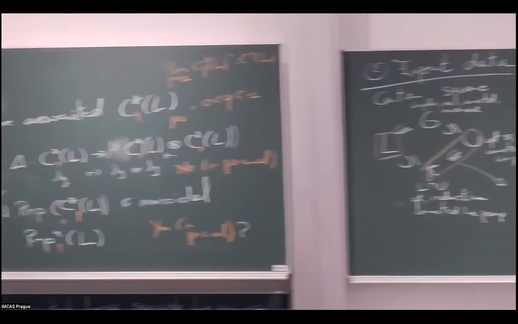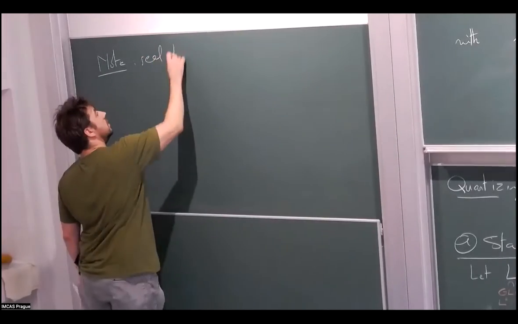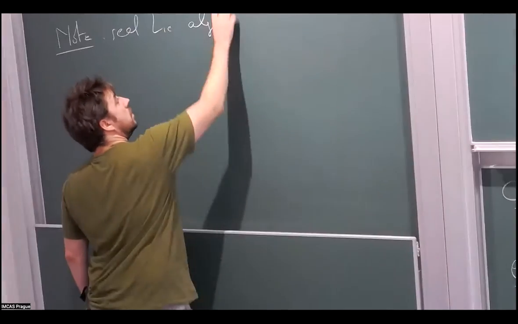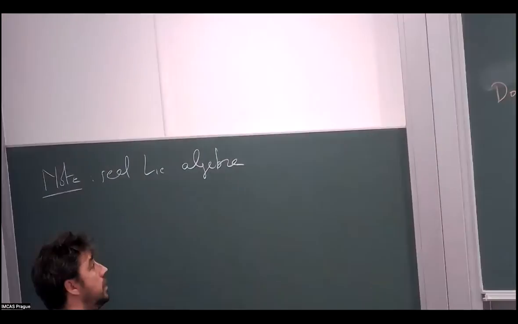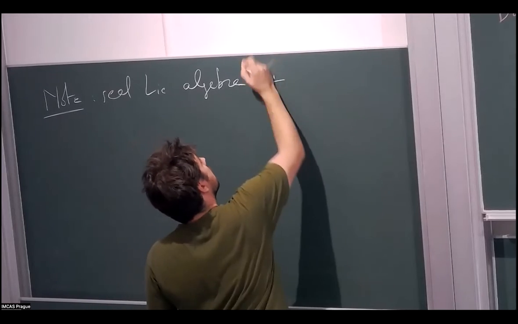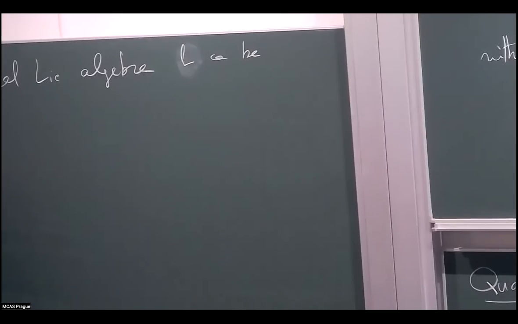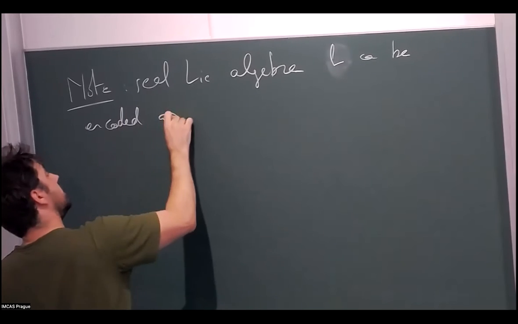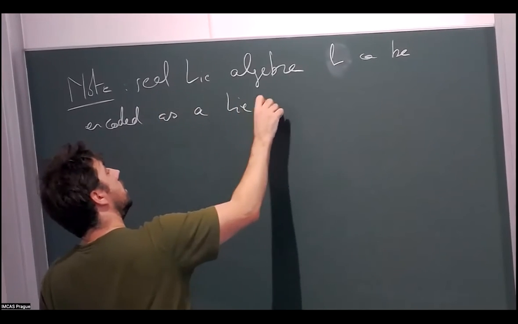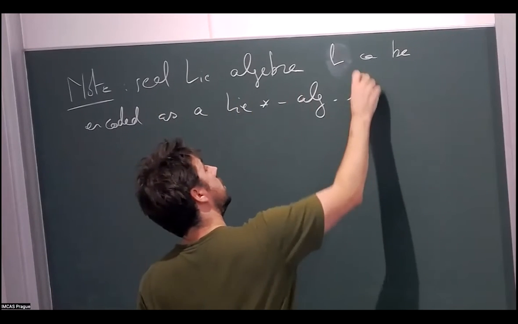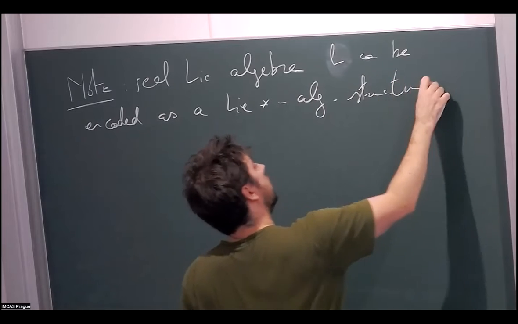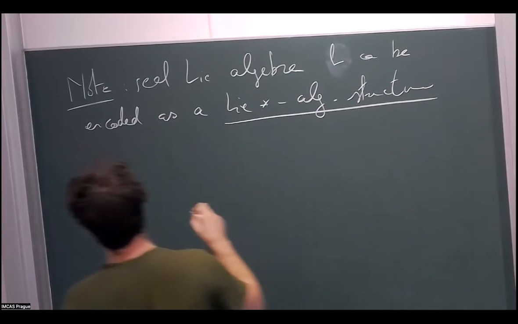So note the real Lie algebra L can be encoded as a Lie star algebra structure on G.